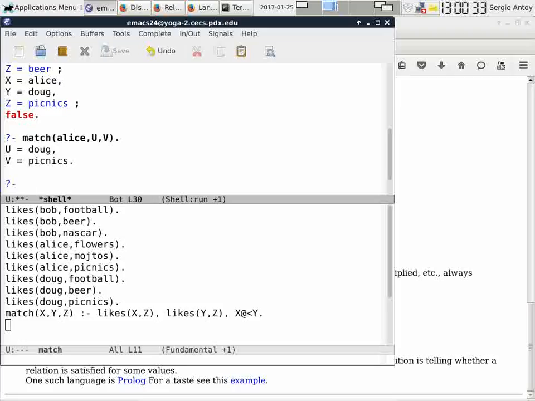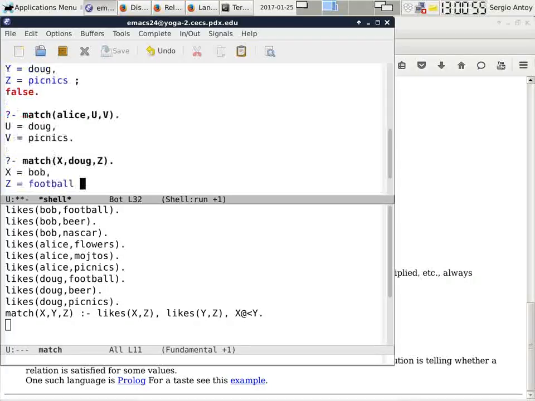All right? I can do it in other ways. I can say match X, Doug, and Z. And here it is trying to see what are the matches for Doug, both the people and activities. And it says Bob and football.